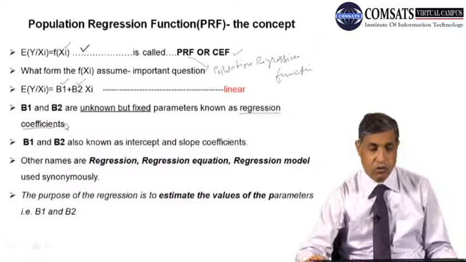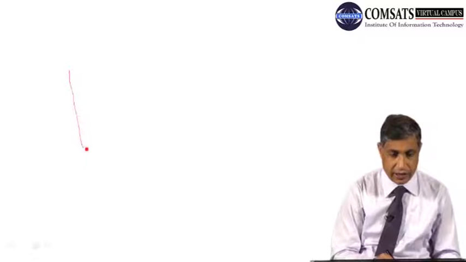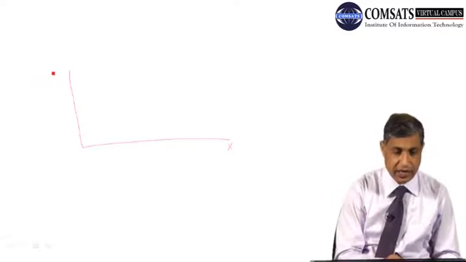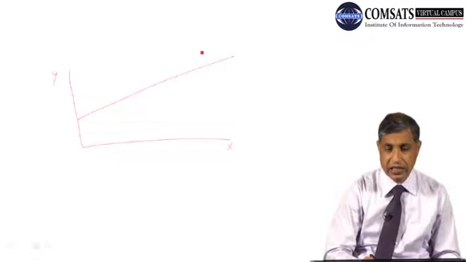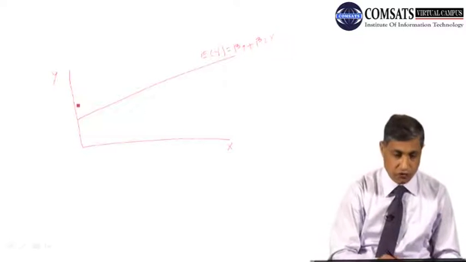I would like to show you this. Look here, what is the intercept? This is the x and this is the y. If this is the regression line and I say that this is the expected value of y equal to beta 1 plus beta 2 x, then from the origin, from here to here, this is beta 1.